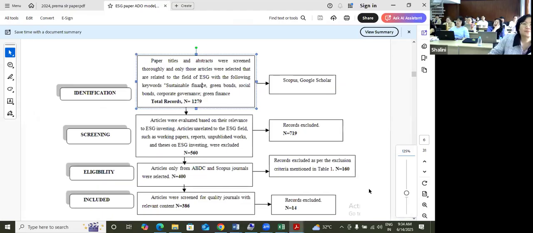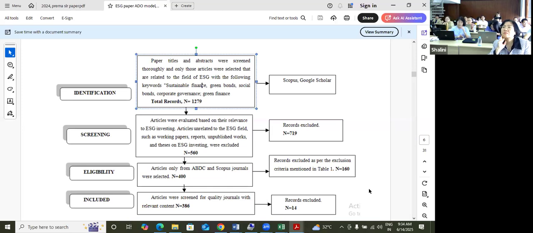So I hope everybody has read this. What is it talking about? It has 4 stages, and it is asking how you went from the initial number of papers to the total final number of papers. Let's say we have got a total of 1279 records initially with the following keywords.